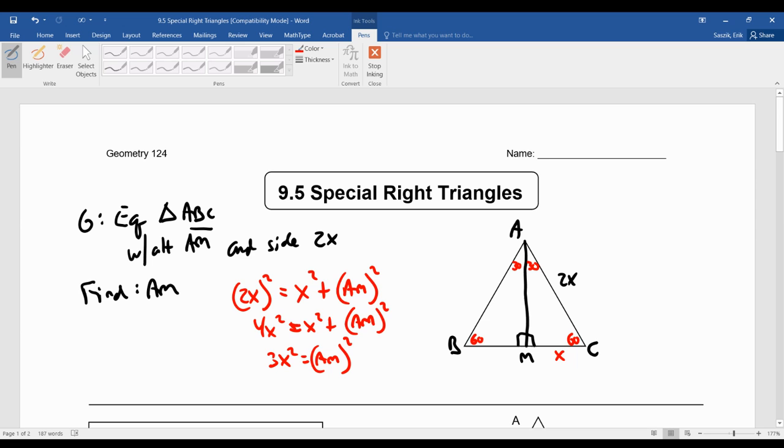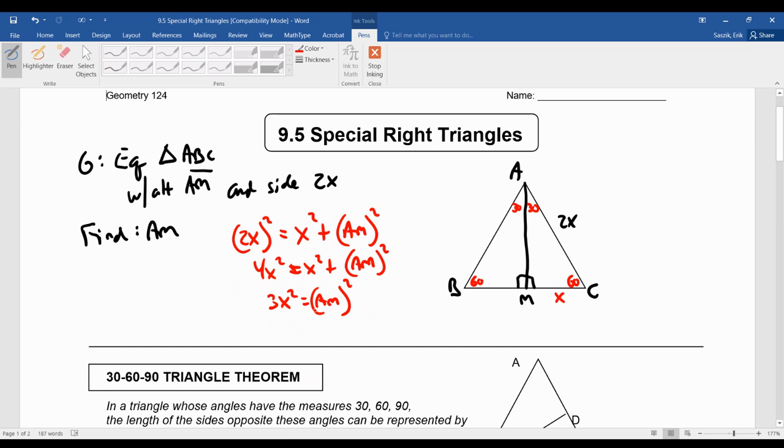Now remember, we want to take the square root to find AM. The square root of x squared is just x. The square root of 3 is square root of 3. It's not something nice. So there it is. The altitude is always going to be whatever this x value is times root 3.